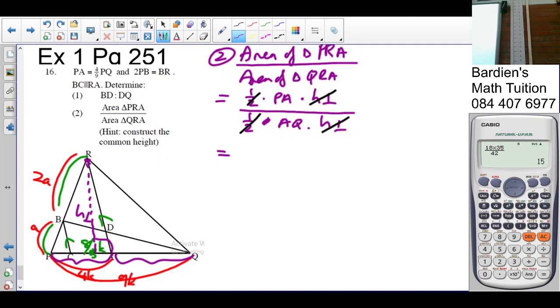But we know that PA is 4K over AQ, and AQ we have already established to be 5K. So the ratio of the area of triangle PRA over the area of triangle QRA is 4 over 5.